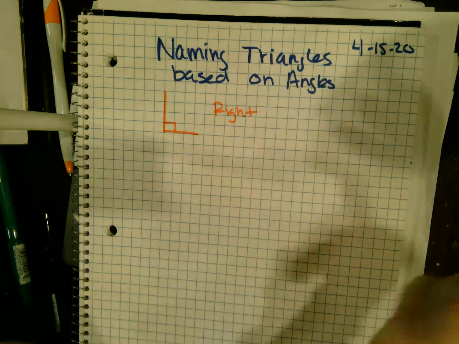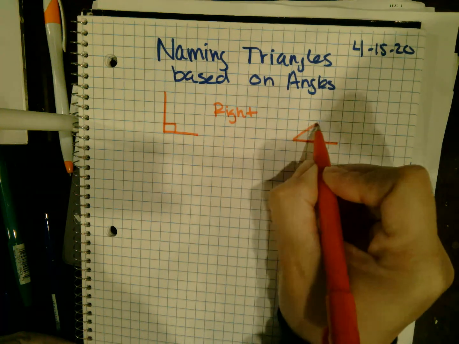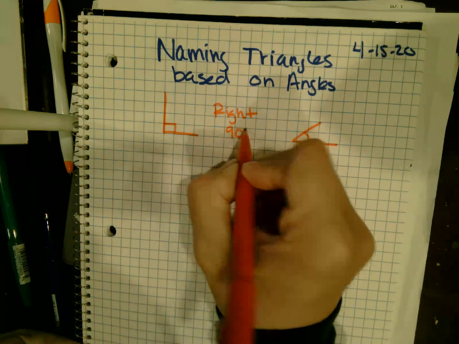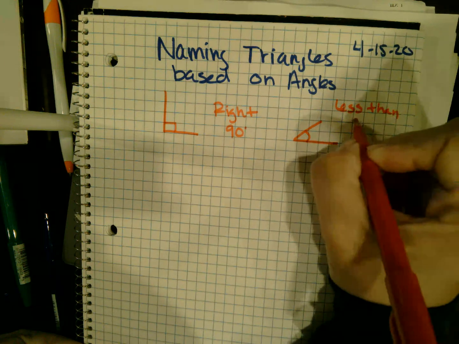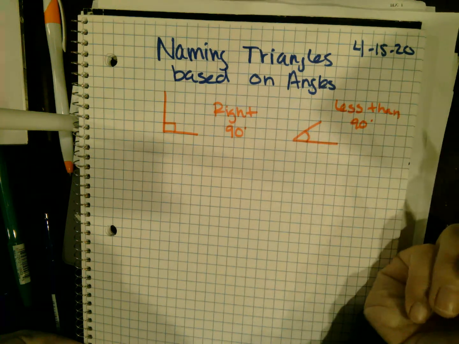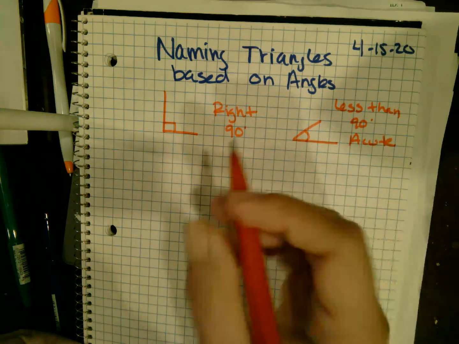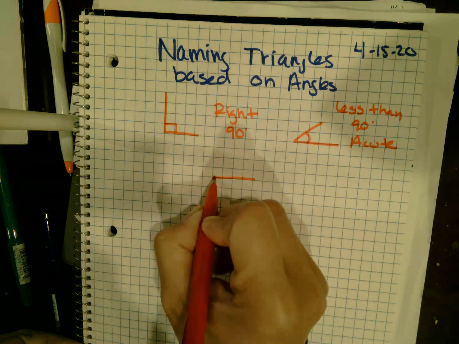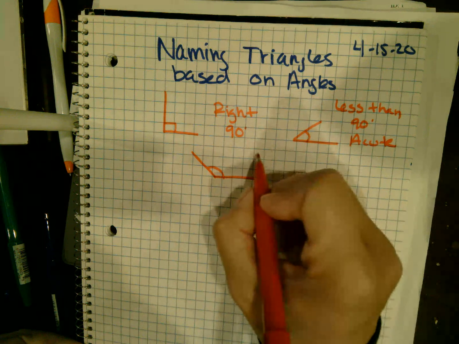Anything less than 90 degrees, so this is 90 degrees, anything less than 90 degrees, what do we call it? That's right, acute. And then anything that is more than 90 degrees but less than 180, kind of looks like this, okay?